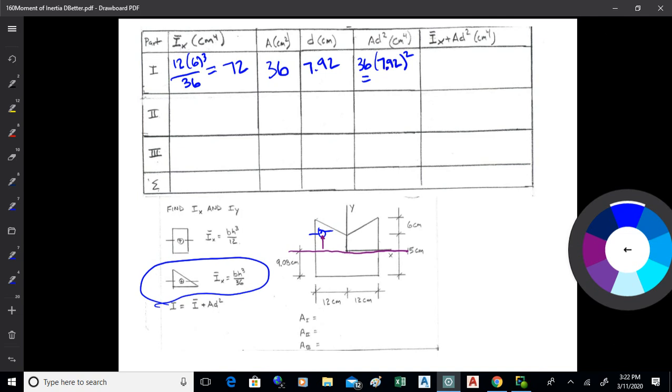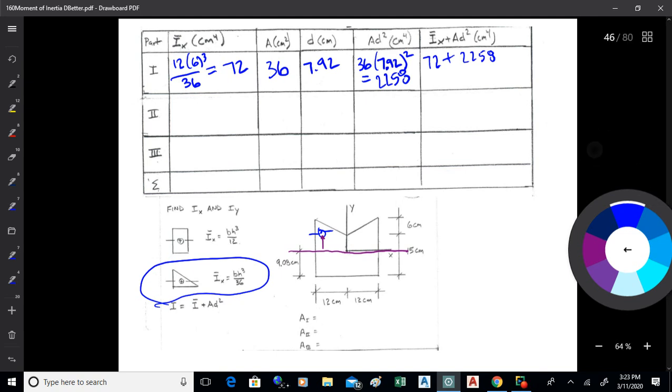All right, so we can take 36 times 7.92 squared. So that's 2258, near enough. And you can see how much bigger that is than the 72. So the total moment of inertia is the centroidal moment of inertia, 72, plus the 2258.